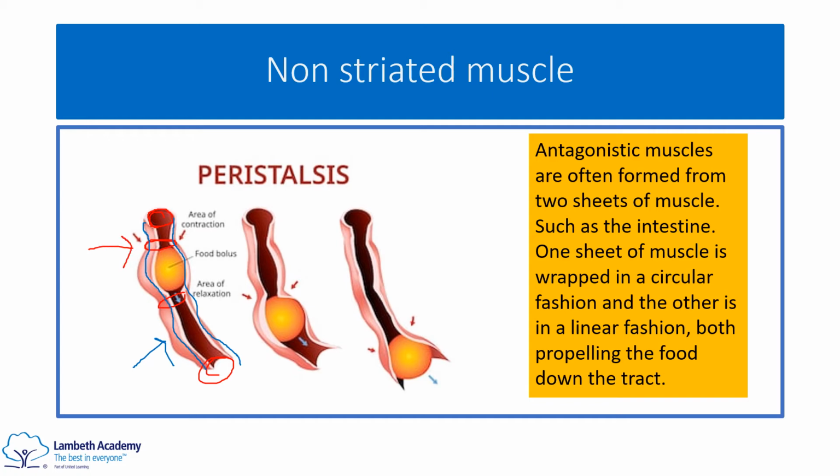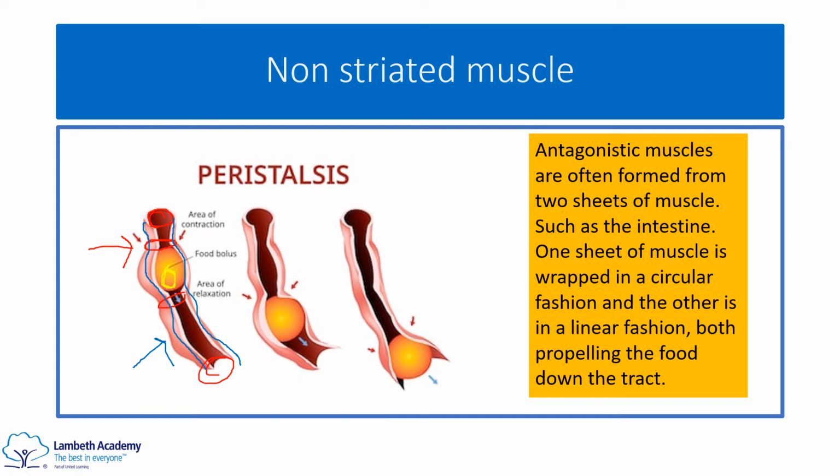As the circular muscle contracts, it forces the food, this yellow image here, down, and the muscles that are running straight down relax. As the muscle that wraps itself around relaxes, the long muscle contracts, and that forces the food down.